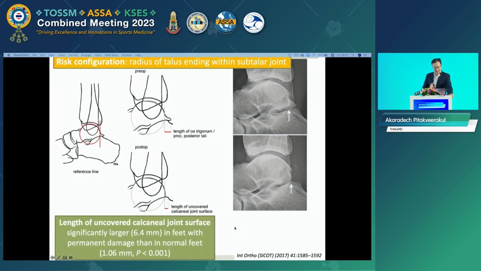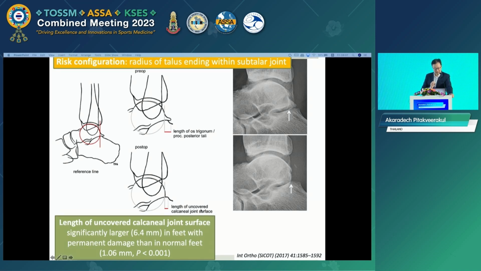They clarified the risk configuration, called the radius of the talus ending within the subtalar joint. Looking at this picture, if the radius of the talus ends in the subtalar joint, when we resect the trigonal process, the length of uncovered calcaneal joint surface is longer than in the normal foot.